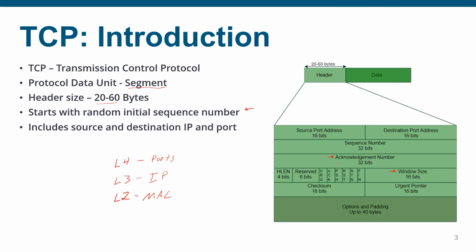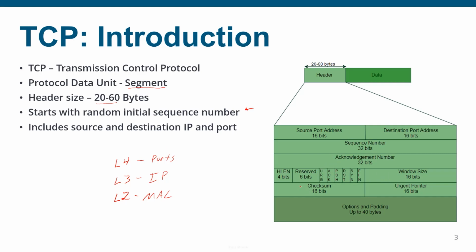So if our connection is reliable, a certain number of segments may be transmitted without receiving an acknowledgement, and that number of segments is called the window size. So here we are describing what the window size is.